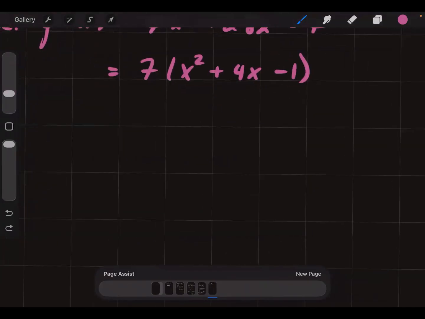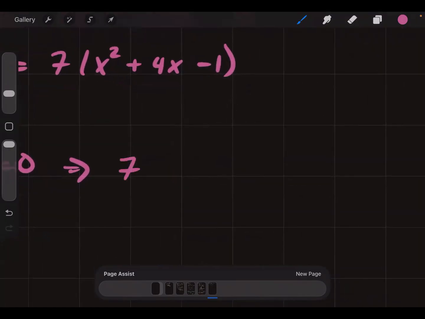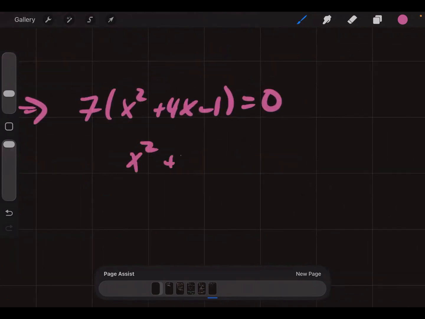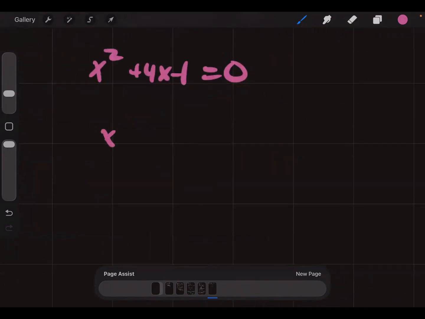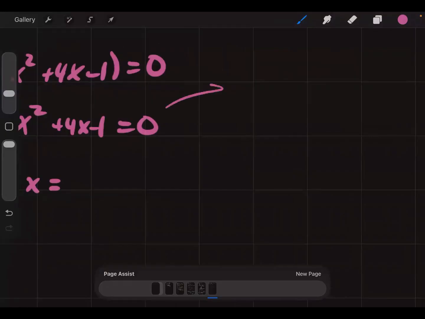So f prime of x equals 0 implies x squared plus 4x minus 1 equals 0, x equals, and then we're going to do the quadratic formula on the side.